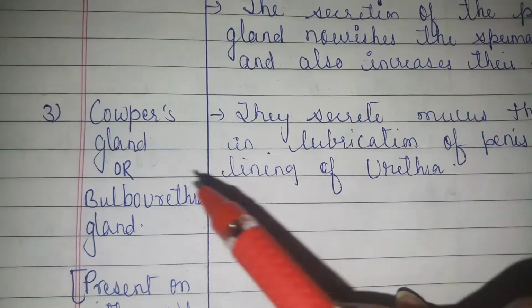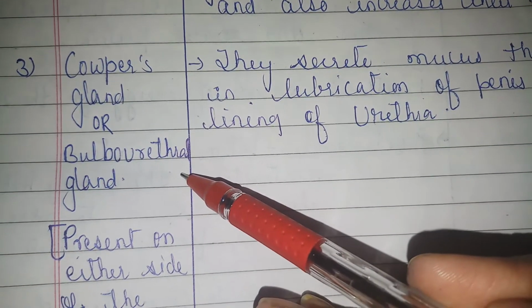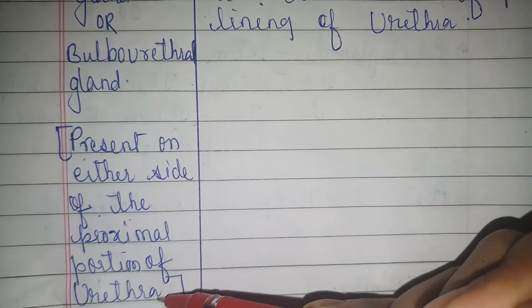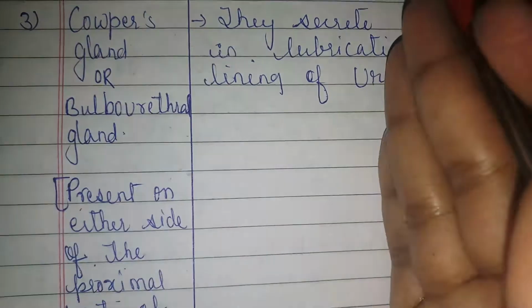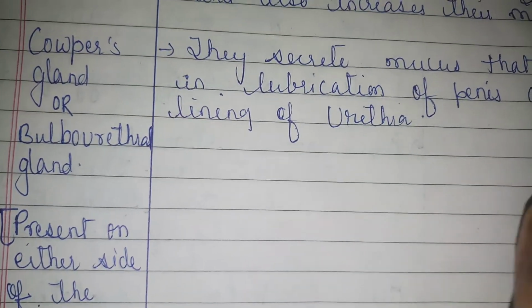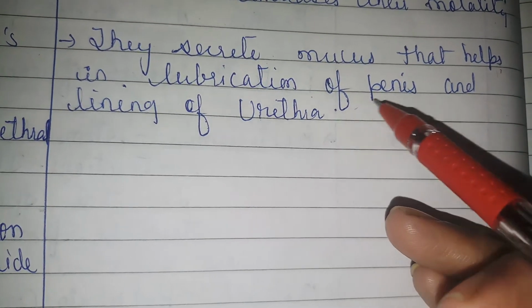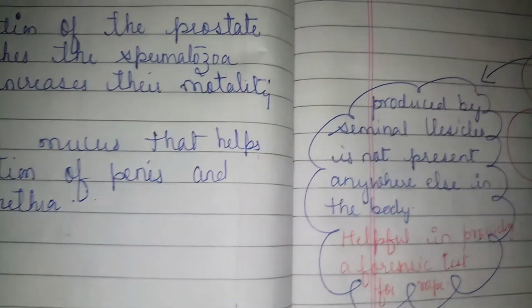Let's see here. Our third gland is Cowper's gland or bulbourethral gland, which is present on either side of the proximal portion of the urethra. You have seen that it is present on either side of the proximal portion of the urethra. They secrete mucus that helps in lubrication of the penis and lining of the urethra, right?